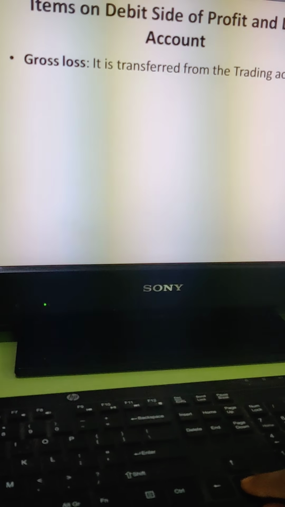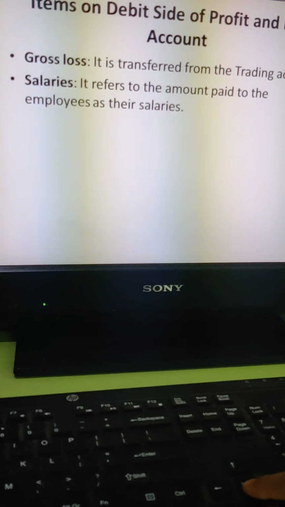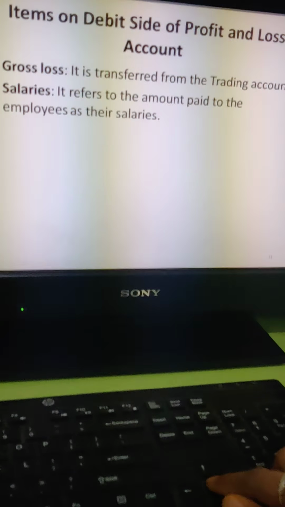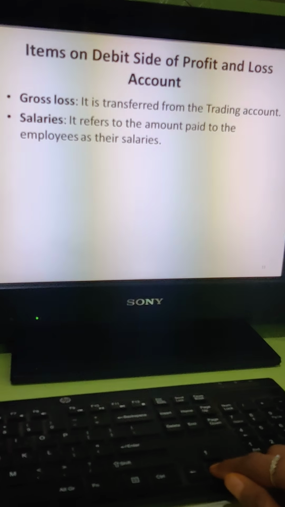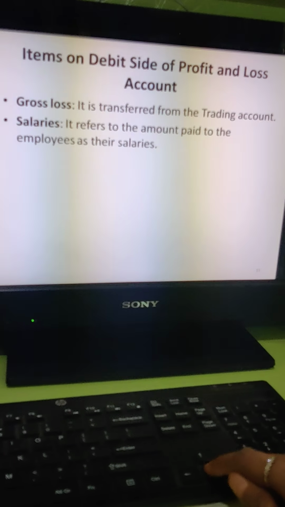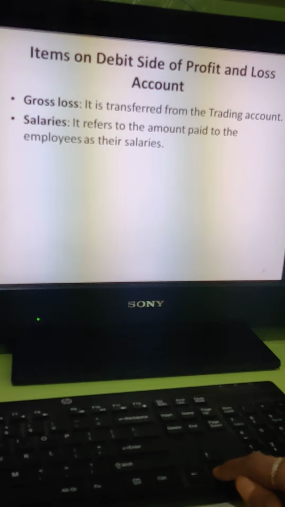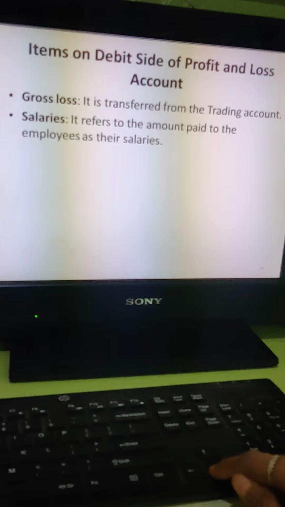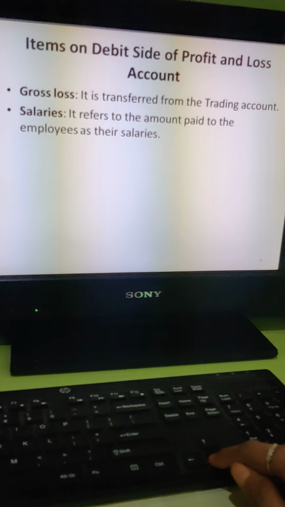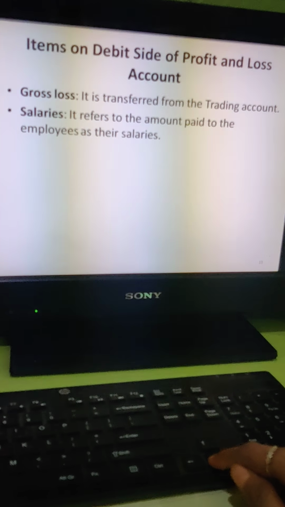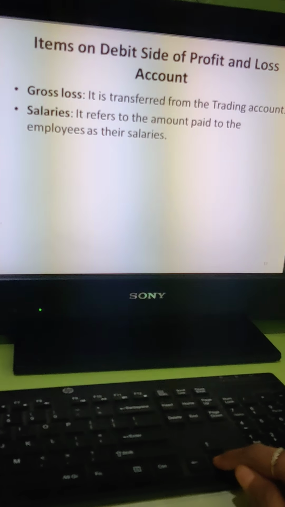So these are the items that we just discussed which appear on the debit side of the profit and loss account. You first transfer the gross loss which you bring down from the trading account on the debit side. Then the next thing is salaries.